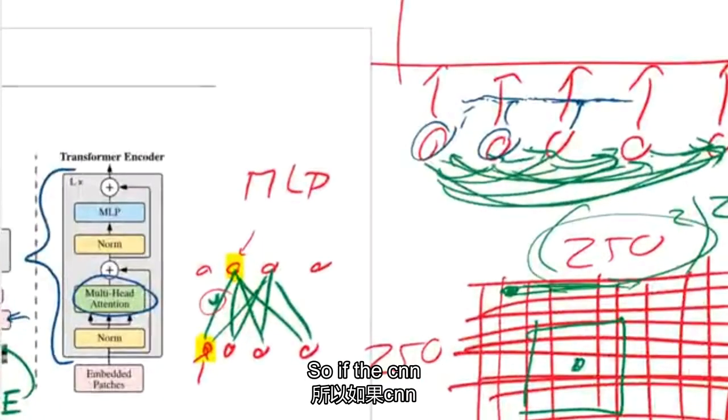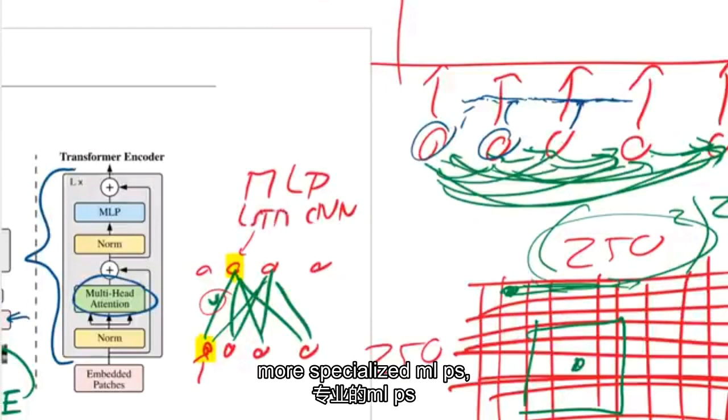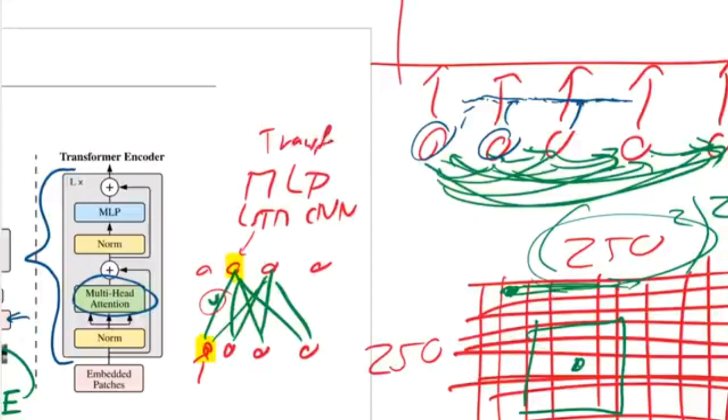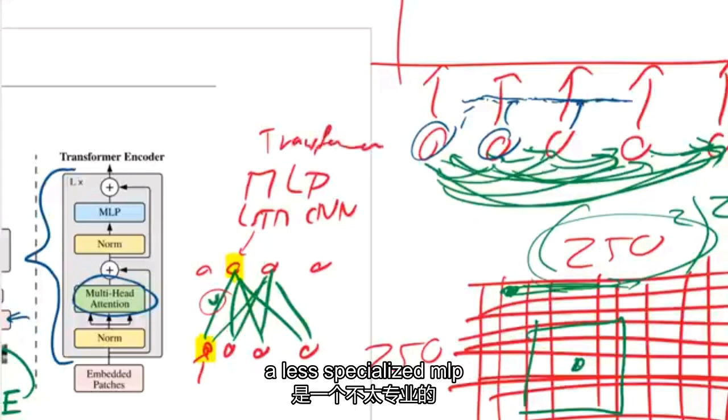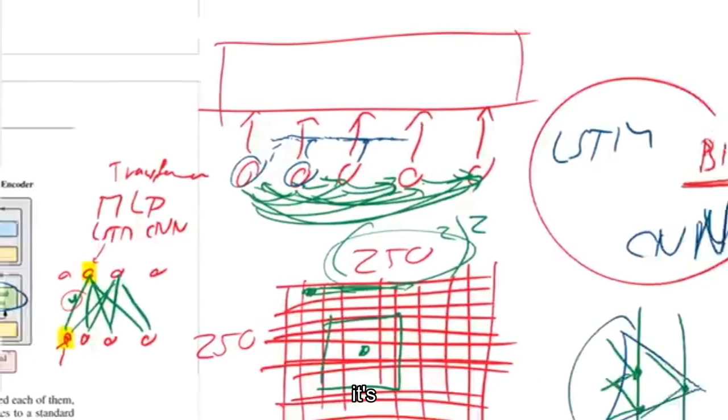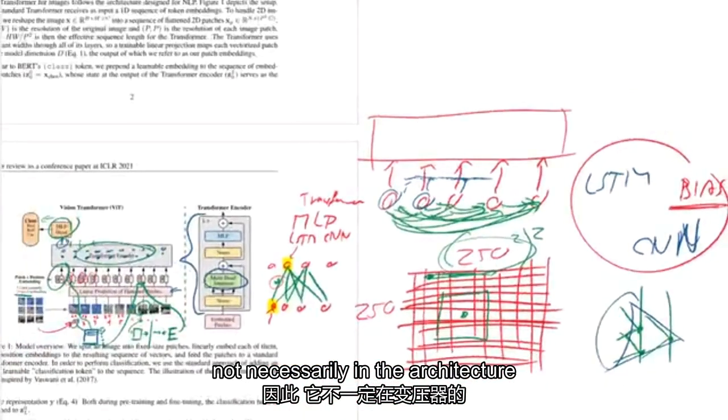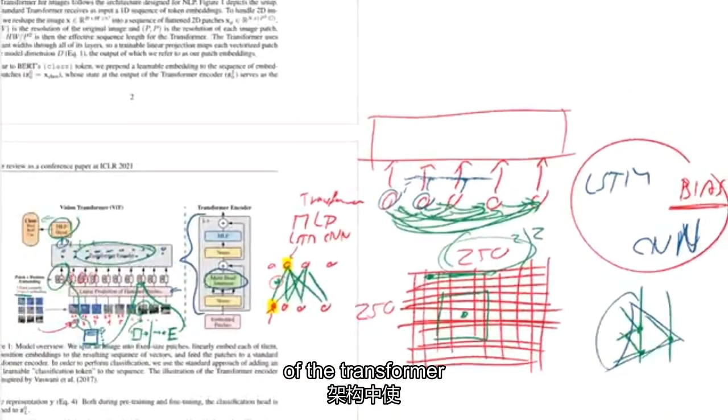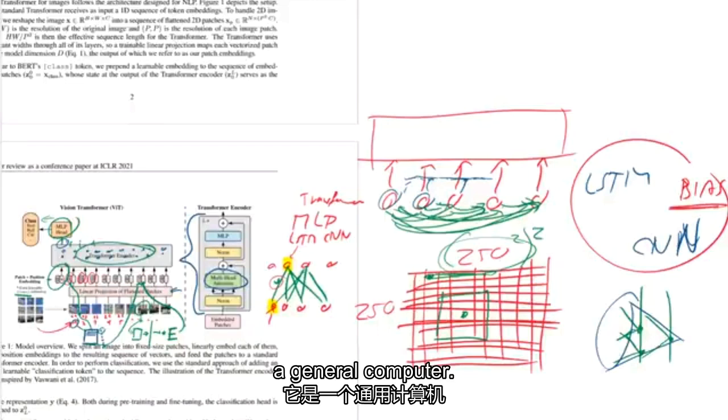So if the CNN and the LSTM are more specialized MLPs, then the transformer is a less specialized MLP. And therefore, it's not necessarily the architecture of the transformer that makes it so special. It's just the fact that it is a general computer, and we are now able to feed enough data into it such that it can actually learn the things.